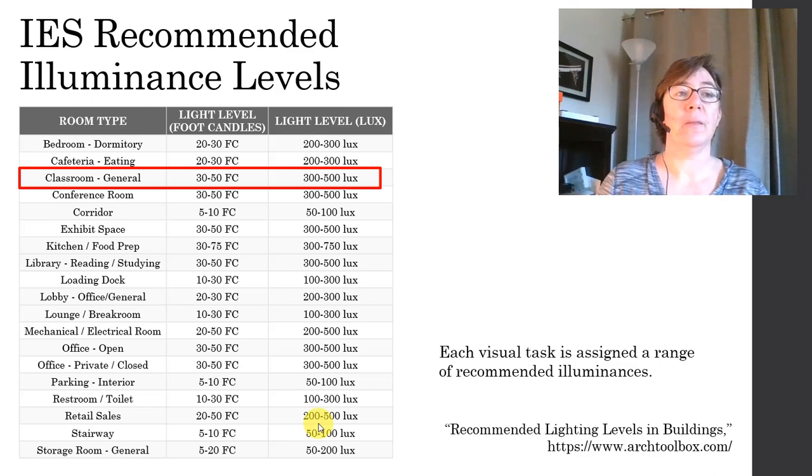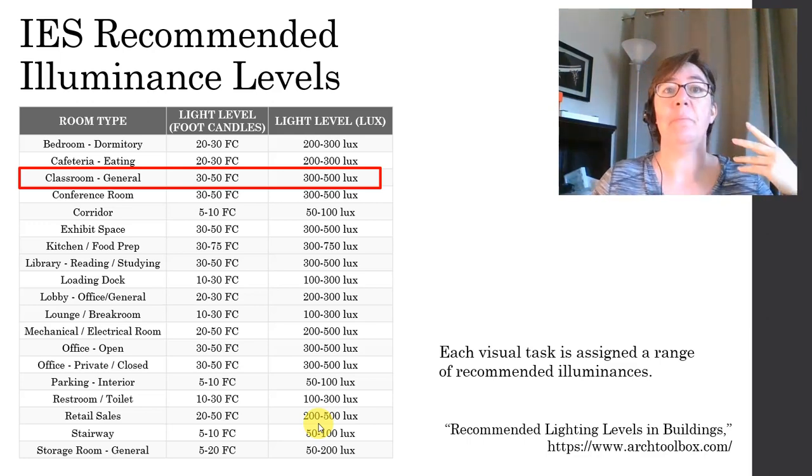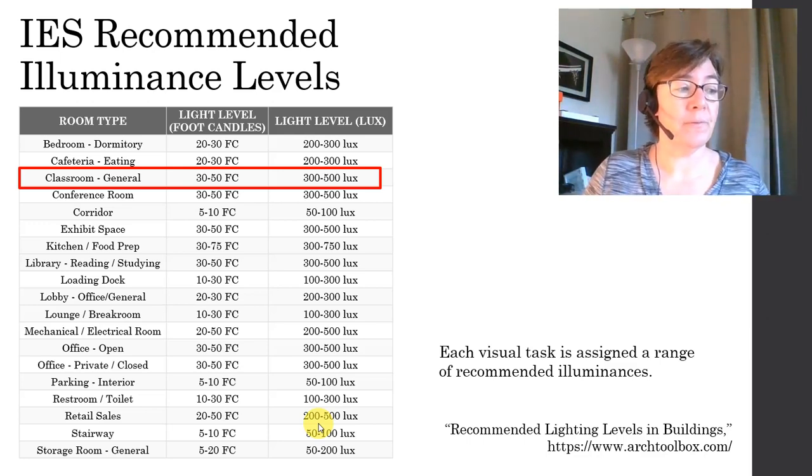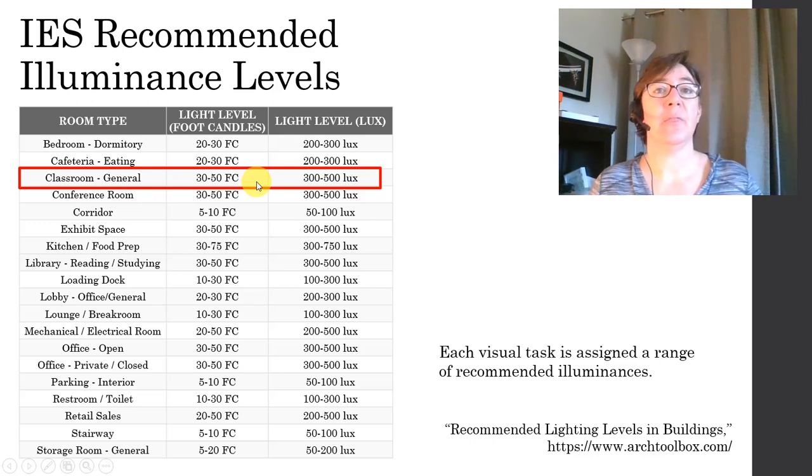And here are the IES, Illuminating Engineering Society, recommended illuminance levels for different room types. I think I forgot to mention it way back in the beginning of this video, but example 8.1 in your textbook specifies that it's a classroom. So in a classroom, we would like to have somewhere between 30 and 50 foot candles.